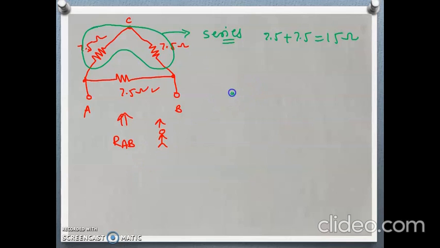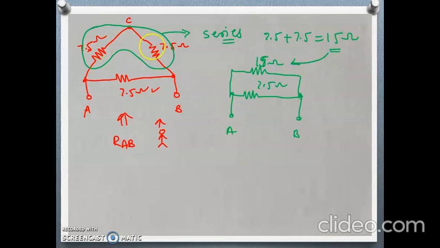So now what will the circuit be? This same 7.5 ohm, and these are the A and B points. Between these A and B points, we have another resistor of 15 ohm, which is the resultant of those two connected in series.